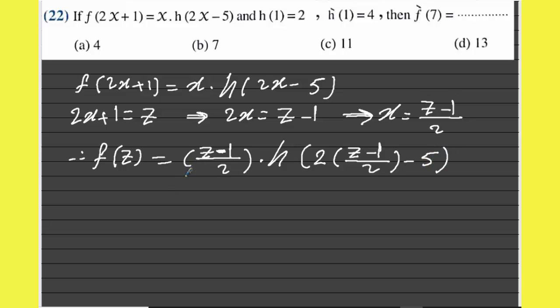Now I'll simplify: z minus 1 over 2 is half z minus half, and the argument z minus 1 minus 5 will be z minus 6.